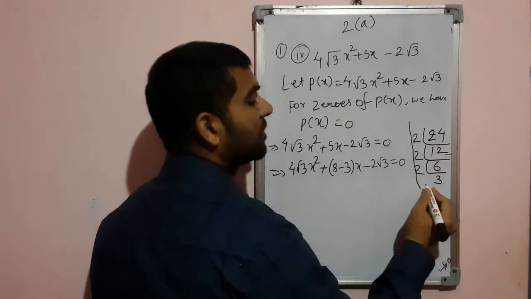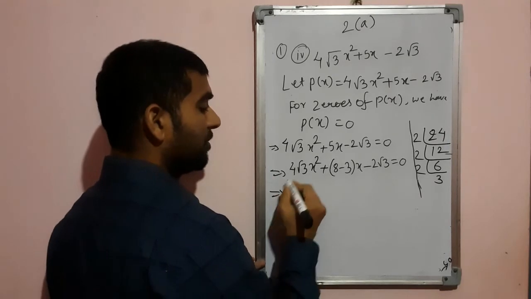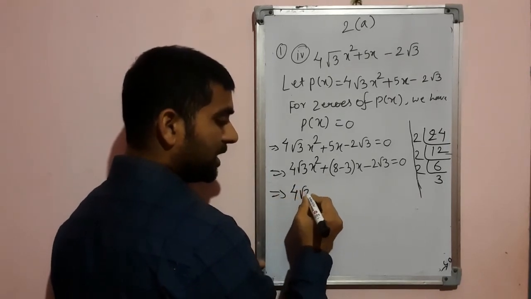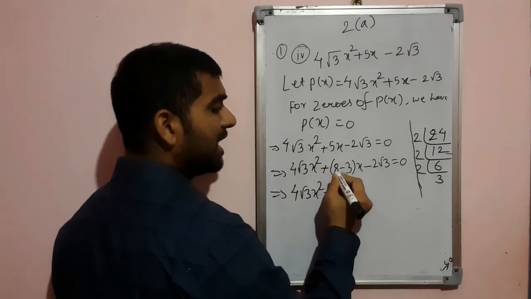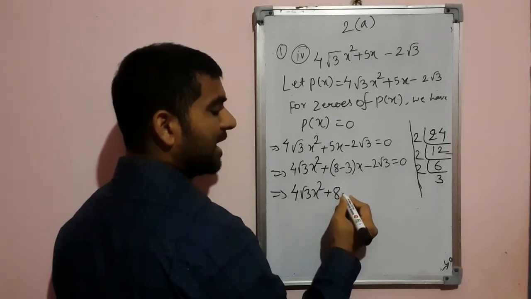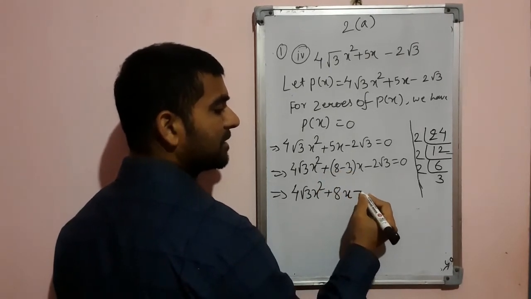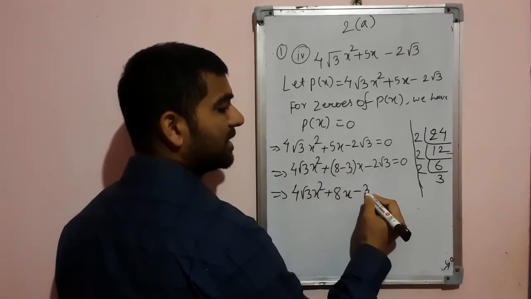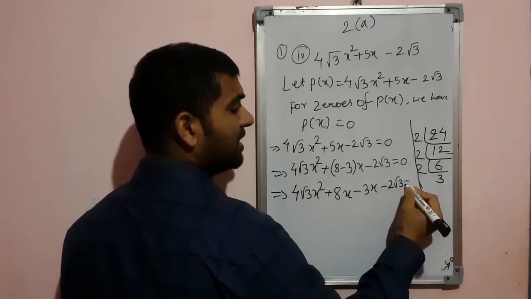Right? Next step, you write 4 root 3 x square plus 8x minus 3x minus 2 root 3 equal to 0.